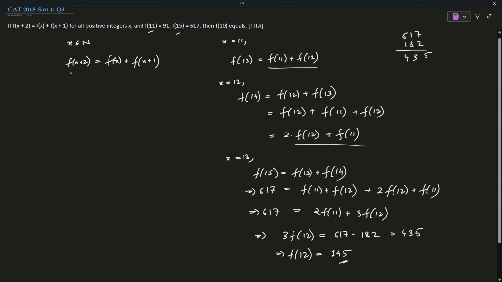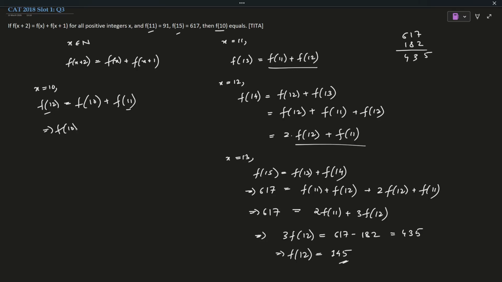But what will I get from f of 12? If I put x equal to 10, I will get f of 12. I need the value of f of 10. I already know the value of f of 11, and I have found the value of f of 12.